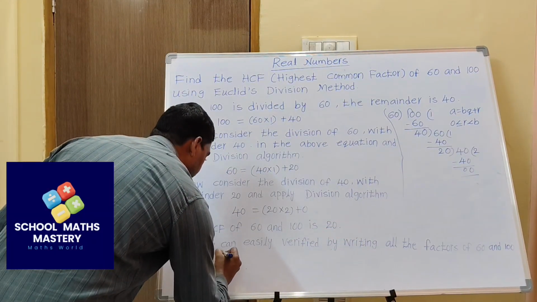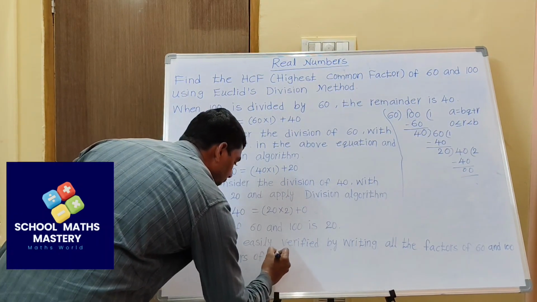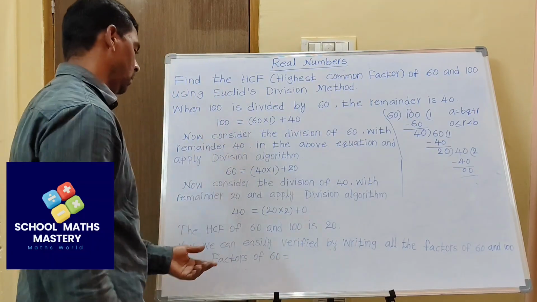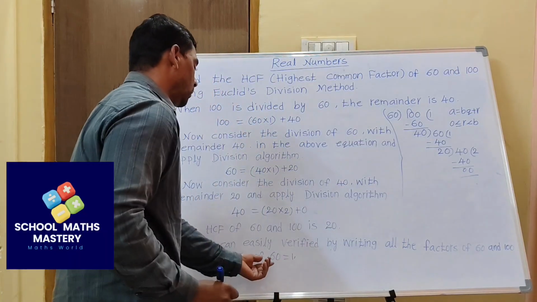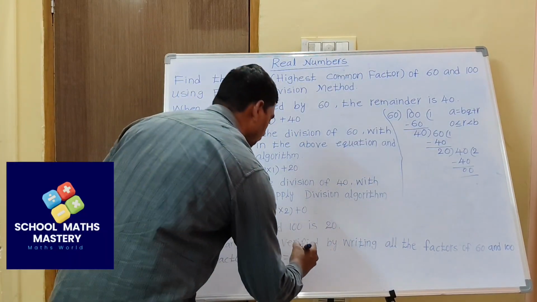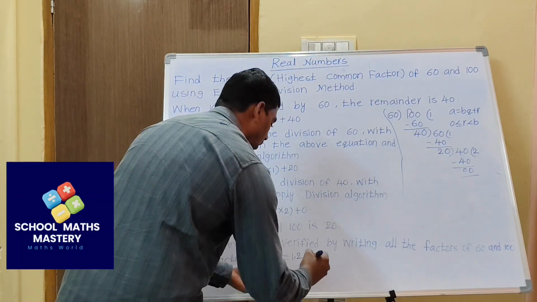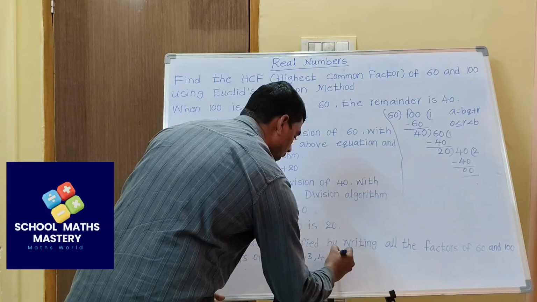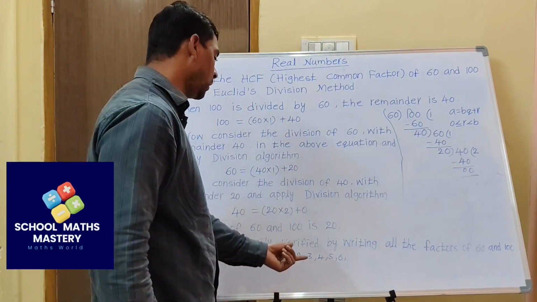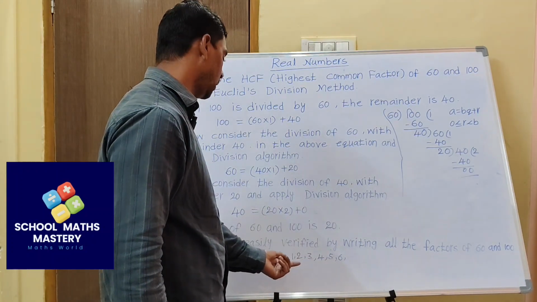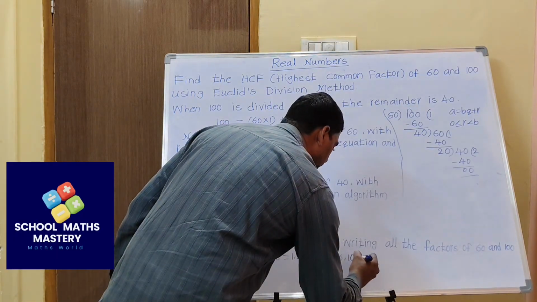Factors of 60. 1 is a factor of every number, 1, 2. 60 is divisible by 2. 60 is divisible by 3. 4 also a factor, 5 also a factor, 6 also a factor, 7. 60 is not divisible by 7, 8, or 9. 10 is also a factor.